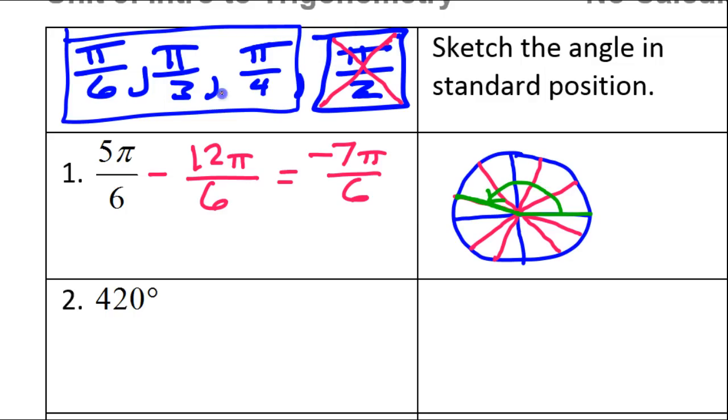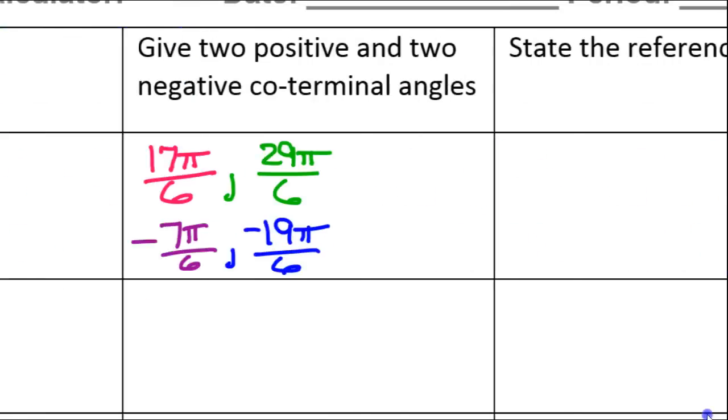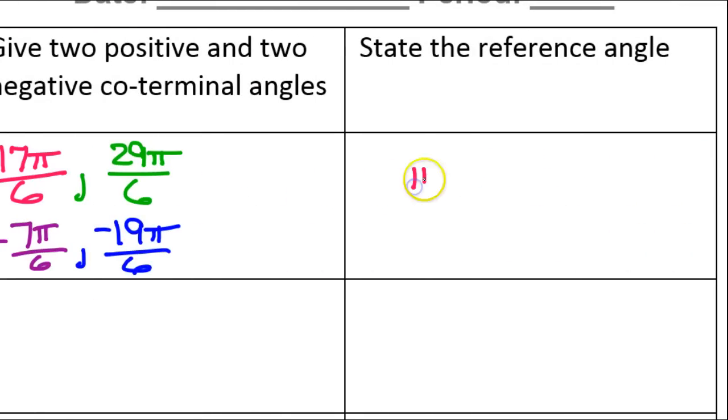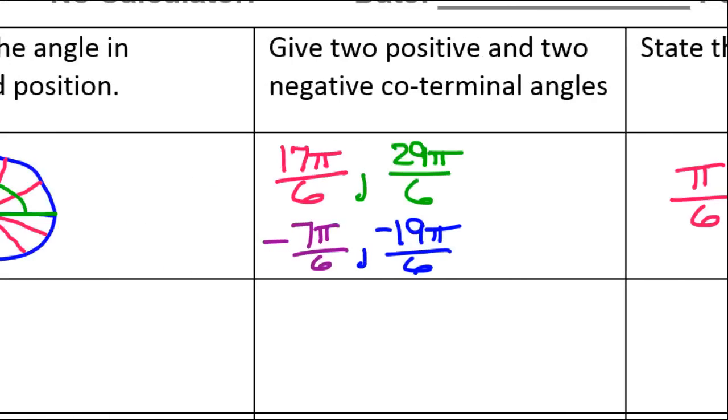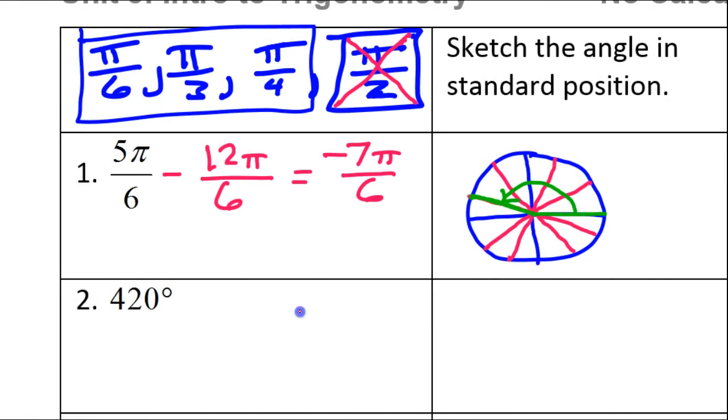But when you're one of these 3 denominators, your reference angle is just one of these. So my reference angle for 5 pi over 6 is just going to be pi over 6. If it was 7 pi over 6, it would still be pi over 6. So there's my reference angle. It will just be pi over 6. Okay, that's just too easy for words.